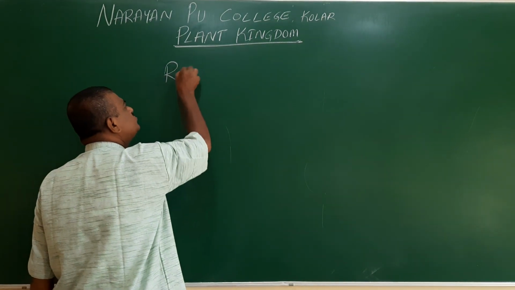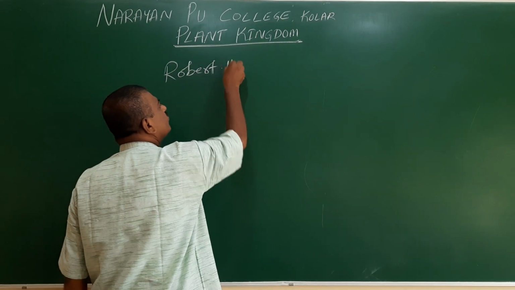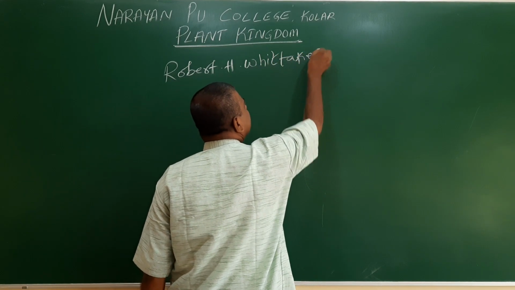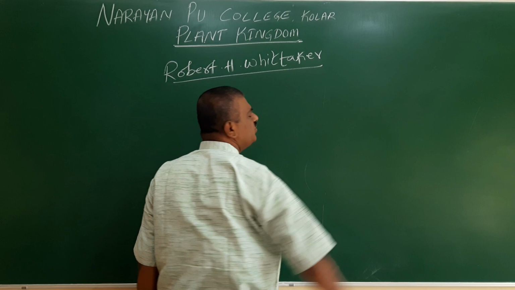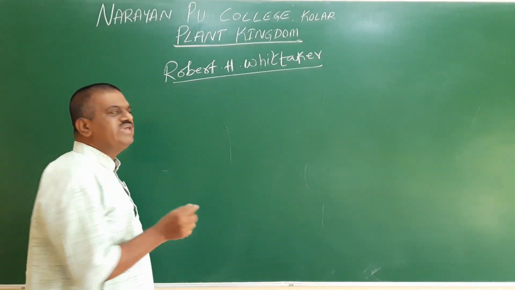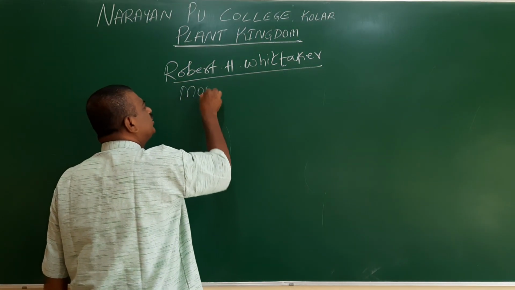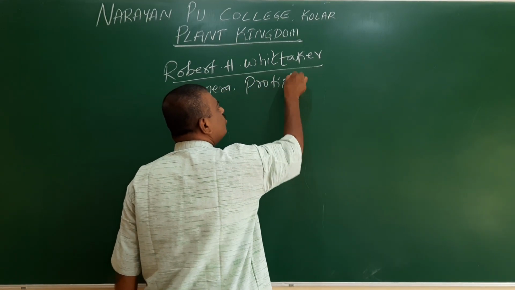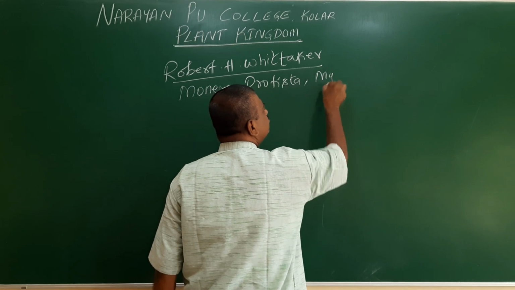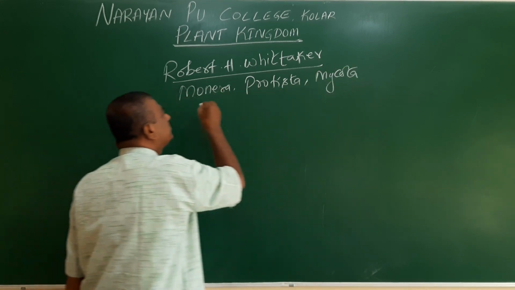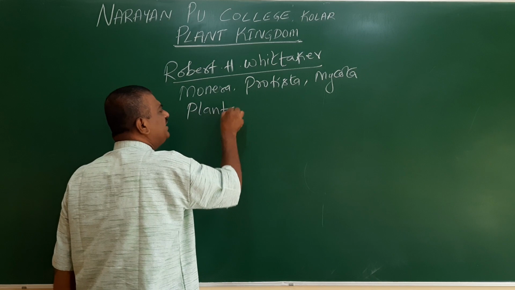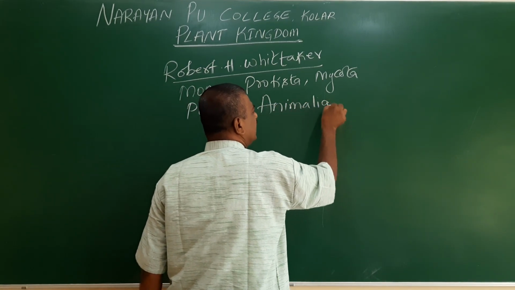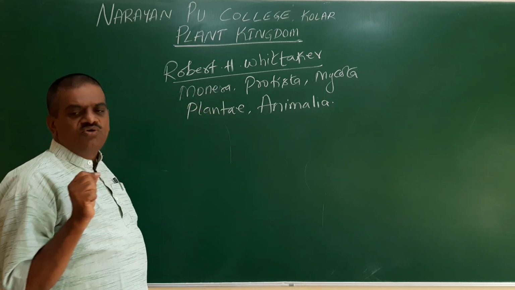Robert H. Whittaker classified all the living organisms into 5 kingdoms called Kingdom Monera, Kingdom Protista, Kingdom Mycota, Kingdom Plantae and Kingdom Animalia. These are the 5 kingdoms.